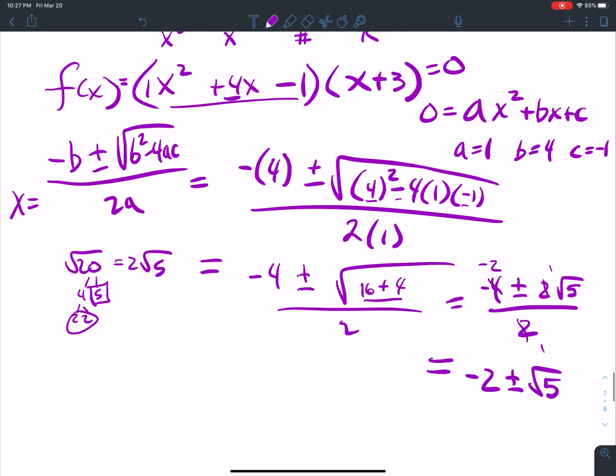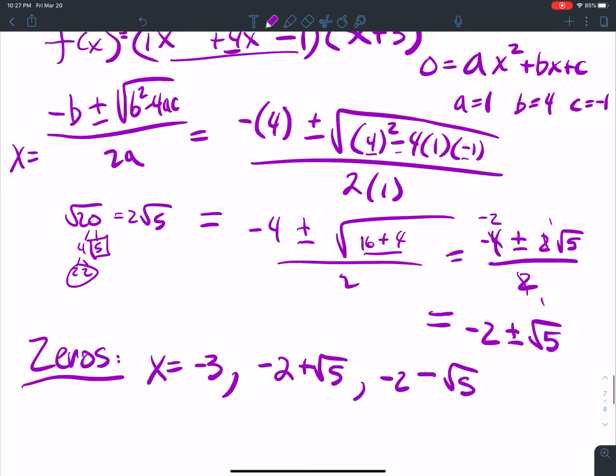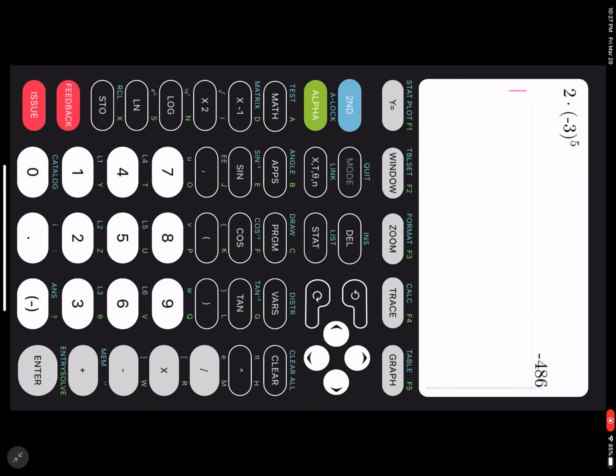So what are my roots? What are my zeros? So find all the zeros. The zeros are x equals negative 3, negative 2 plus the square root of 5, and negative 2 minus the square root of 5. Now, if you type in negative 2 plus the square root of 5, let's see what we get.